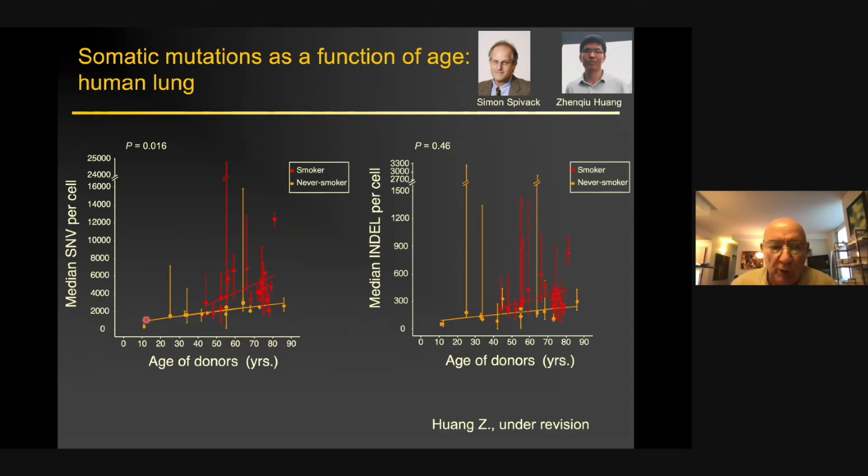But the effect is the same. You will see that in normal, in this case, non-smokers, the number of SNVs is really going up. And here we looked also at small indels, small insertions and deletions, and it's the same thing. Now, if you smoke, then you can clearly see that both your mutation burden is higher and the rate at which your mutations accumulate with age is higher than in non-smokers.